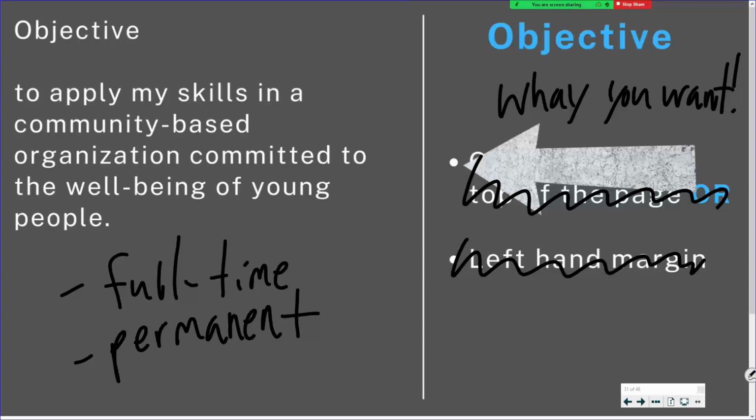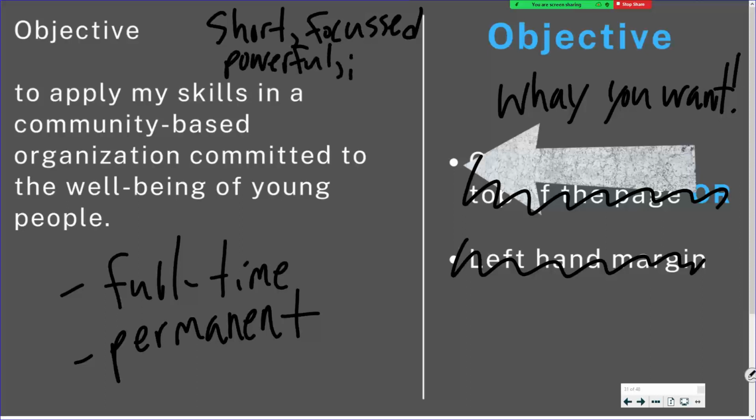My objective is to work with youth. My objective is to make a difference in my community, right? So it's a statement. It's got to be short. Your objective is short, but it's very focused. It should be powerful, and it should be immediate.